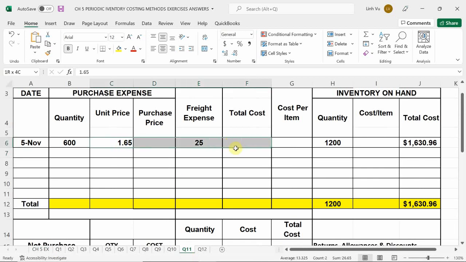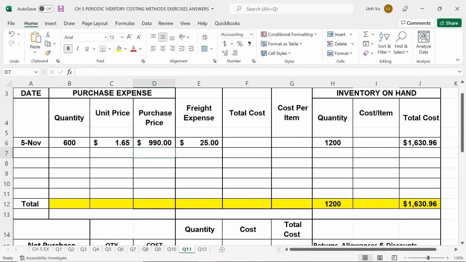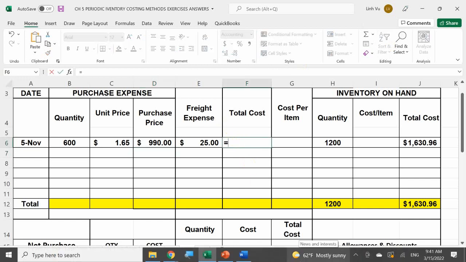So in this case, what is my total purchase price here? $990. Okay. Plus 25. $1,015.